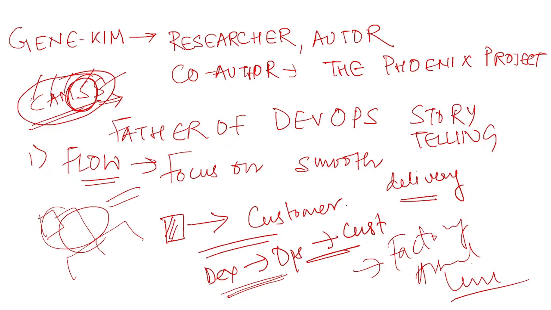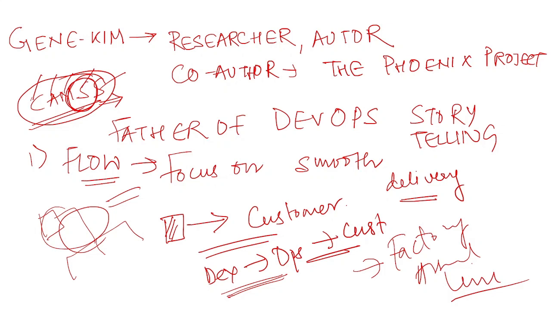We have also discussed Gene Kim and his Unicorn Project. He was a researcher, auditor, co-author of the Phoenix Project, and the father of DevOps storytelling.